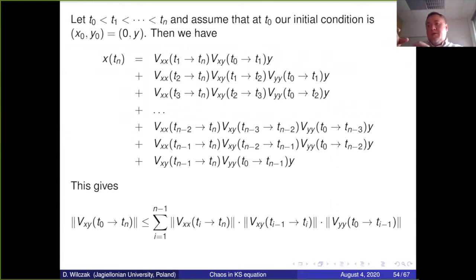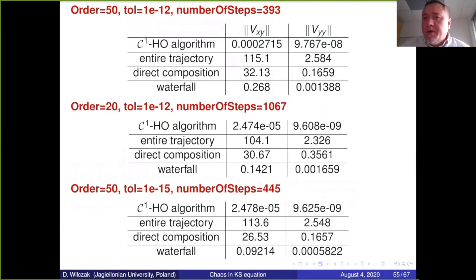And again, the new point contains a non-zero x value and y, we can split them and propagate separately. So this is how it works more or less. And at the end, we have this bound. And here is some comparison. This is not for PDE, this is for ODE still, but just to have some feeling.